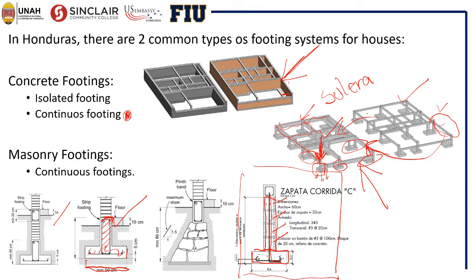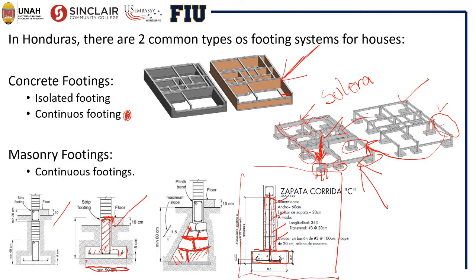We could also have a continuous footing made with masonry stone, and it consists of stones which are glued together using mortar. Mortar is a combination of Portland cement, sand and water.